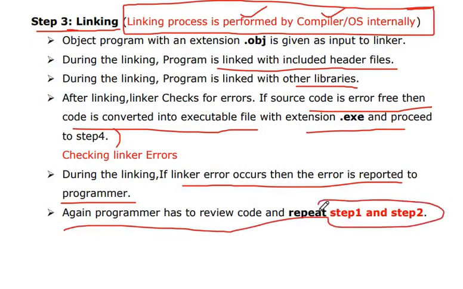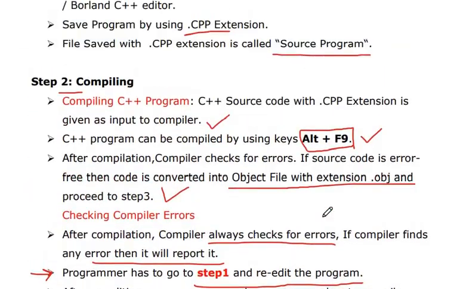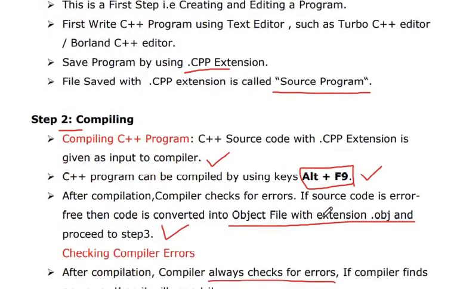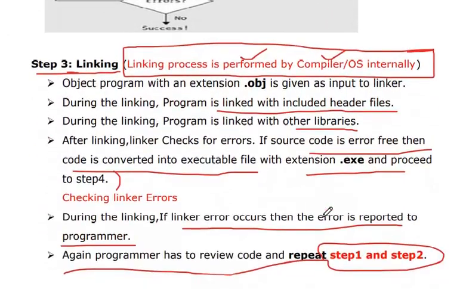Step 1 is, once again he must go to the editor and remove the errors, rectify the program, and after that compile the program once again. Means he has to perform step 1 and step 2.